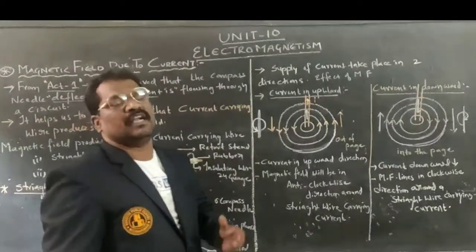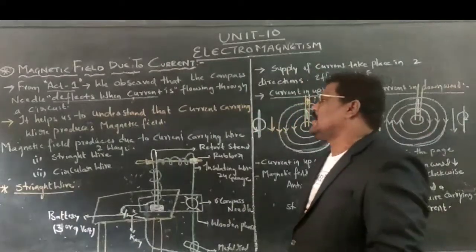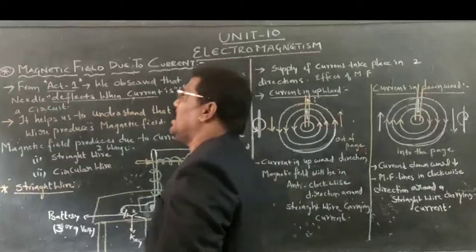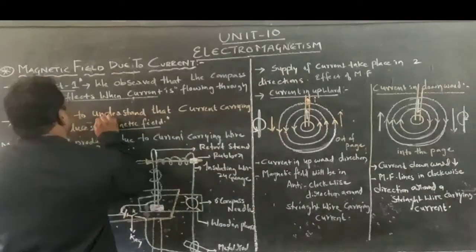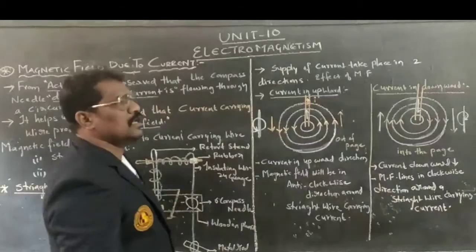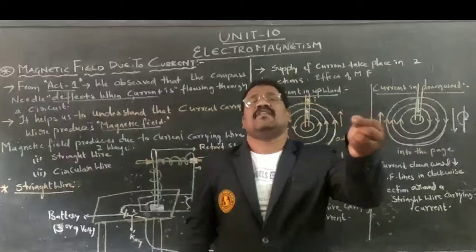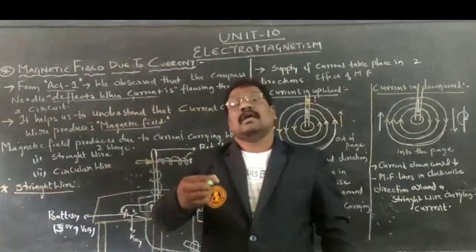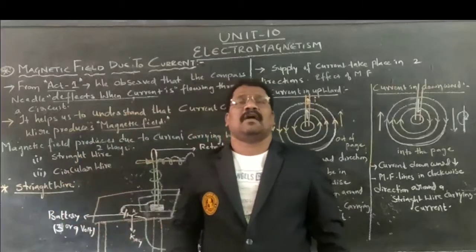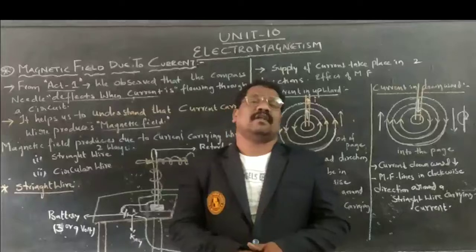What does this help us to understand? It helps us to understand that a current carrying wire will produce a field. What is that field? Magnetic field. How can we say that a current carrying wire is also behaving like a magnet? If it is behaving like a magnet, a magnetic field will exist around that region. The compass needle is also behaving like a magnet. Two laws are there: the law of repulsion as well as the law of attraction.